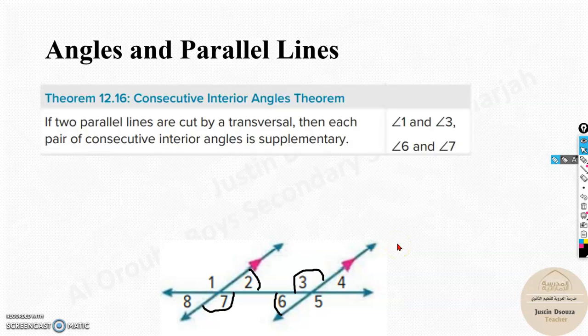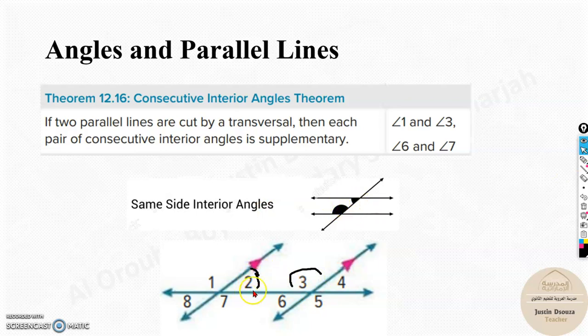Now about consecutive interior angles, that is, continuous. If we consider say 2, then 3 over here would be consecutive. Now let me just check this, 1 and 3. Okay, I'm sorry for this. 1 and 3 is not consecutive.